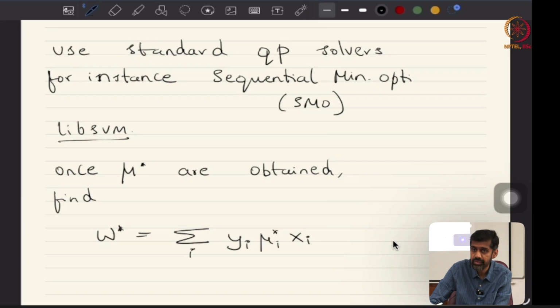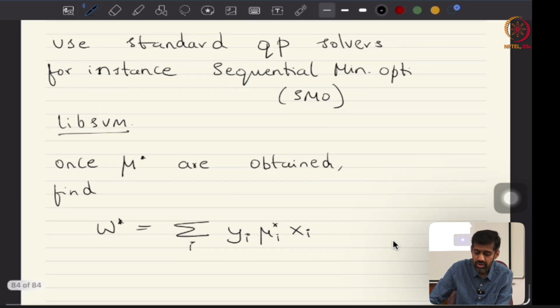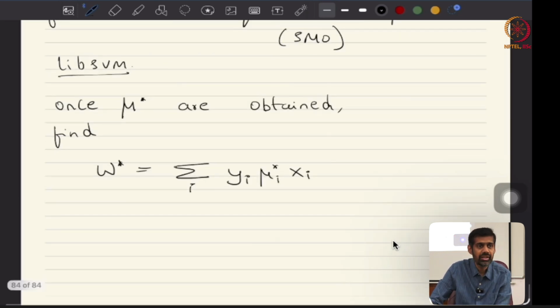Similarly, you get the b star as well. So this is what we wanted finally. We have the mu star from the solution of the SMO problem, the dual problem. Use that to get your w star. That's it. So you have the final discriminant function.